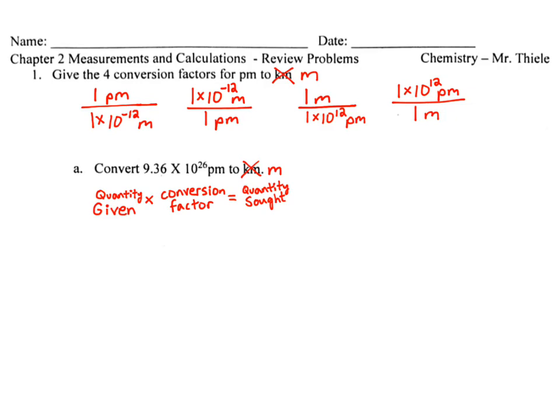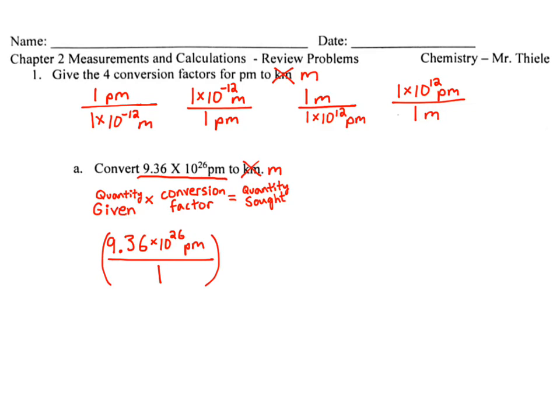Next, it is good practice in chemistry to write things in fractional form and include the units as well. That helps tremendously when we move forward into the more complicated types of problems in chemistry. So we will write 9.36 times 10 to the 26 picometers over 1, and that is the value we're given in the problem.